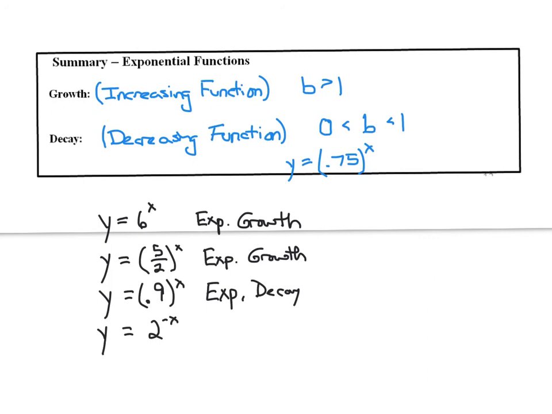Well, I can't decide whether I have exponential growth or decay unless my exponent is just the variable x. So I'm going to rewrite this as 1 over 2 to the x power. And now, since my base is a number that's less than 1, this represents exponential decay.